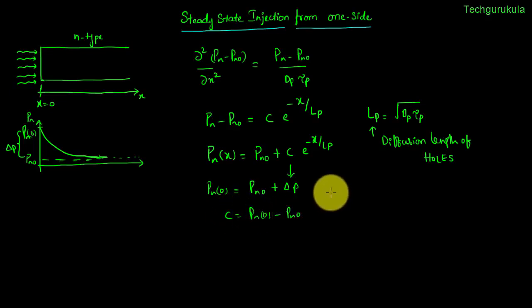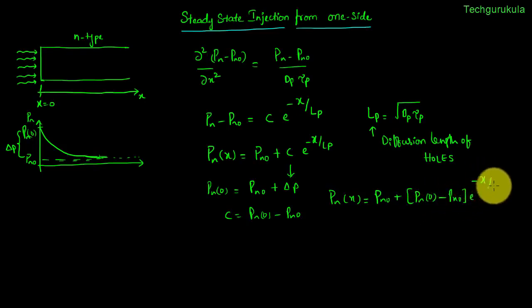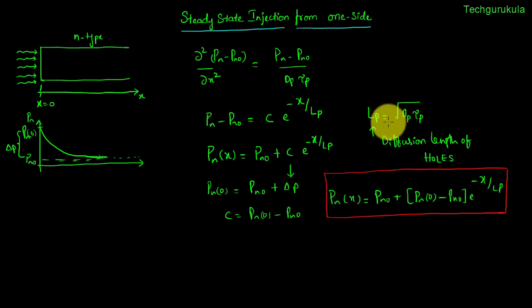Let me write the complete function: Pn of x is equal to Pn naught plus Pn of 0 minus Pn naught times e power minus x over Lp. I can say the diffusion length is the most important thing that we found from this discussion.